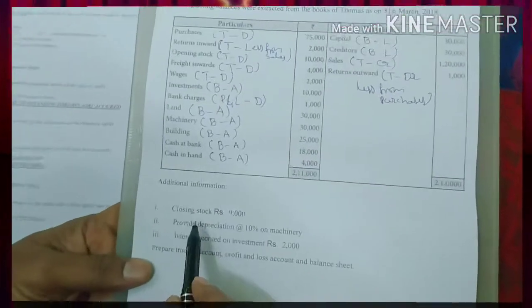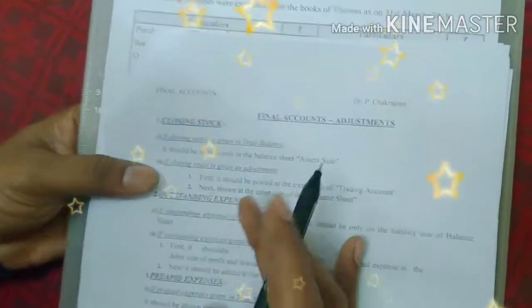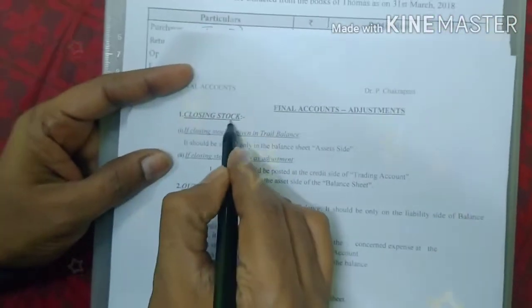Look at closing stock, the first adjustment. Here in our problem, closing stock adjustment is there.